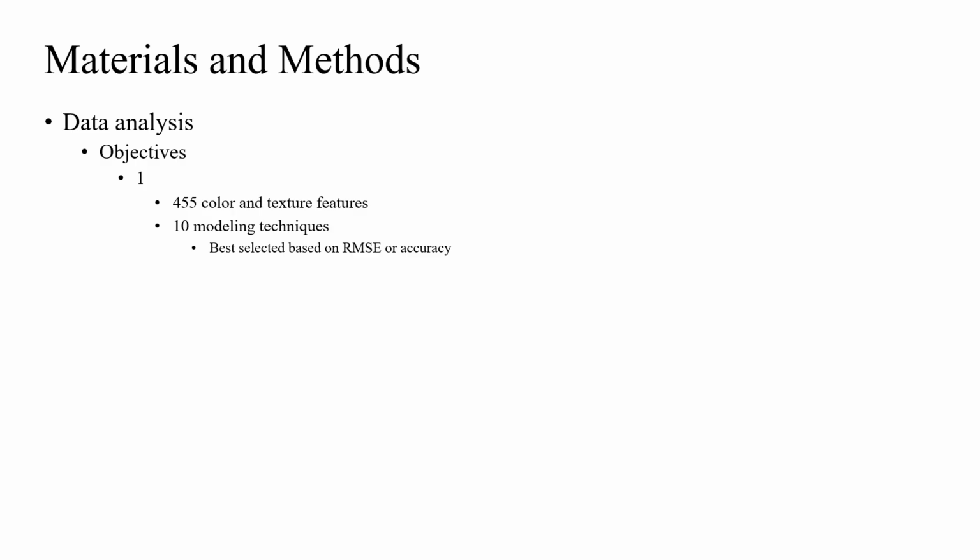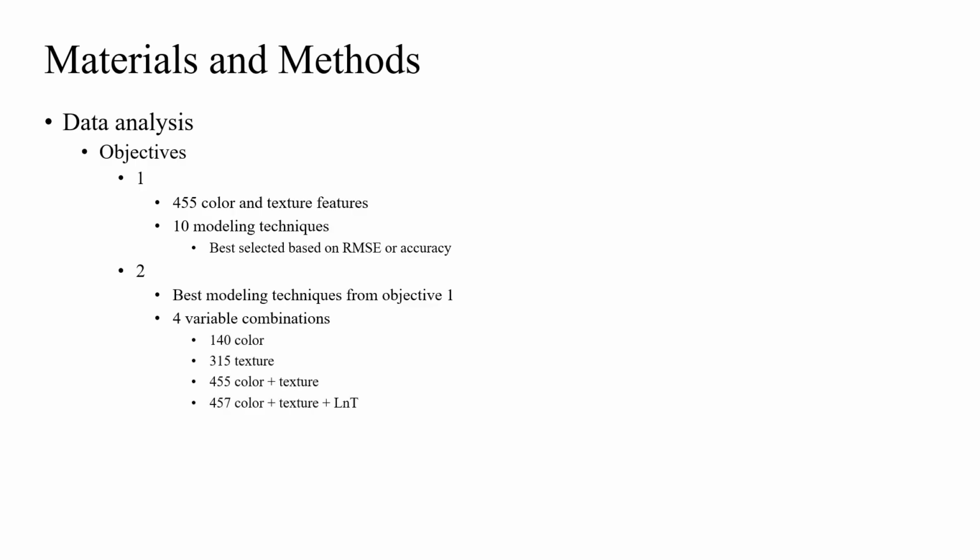To investigate the study objective 2, what the best predictor variable combination was, the best modeling techniques selected in objective 1 were used, and 4 types of variable combinations were compared. Only 140 color features, only 315 texture features, all 455 color and texture features, and all 457 color and texture features, plus location and time.